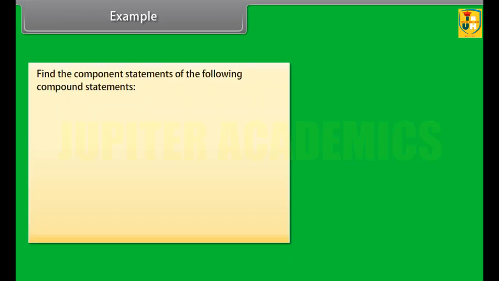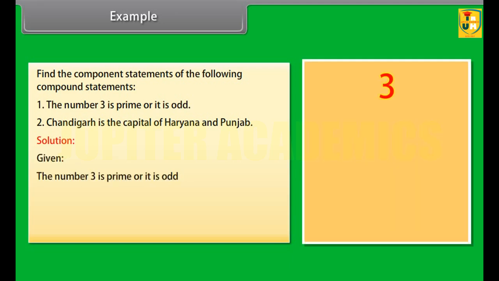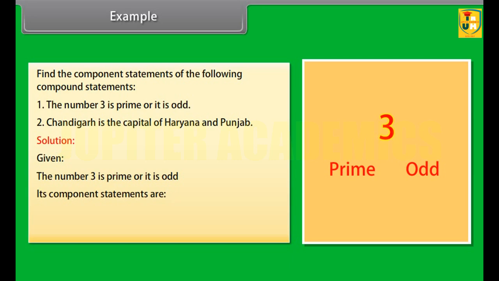Example: find the component statements of the following compound statements. The number 3 is prime or it is odd. Chandigarh is the capital of Haryana and Punjab. Solution: given the number 3 is prime or it is odd, its component statements are: P is a statement that the number 3 is prime.